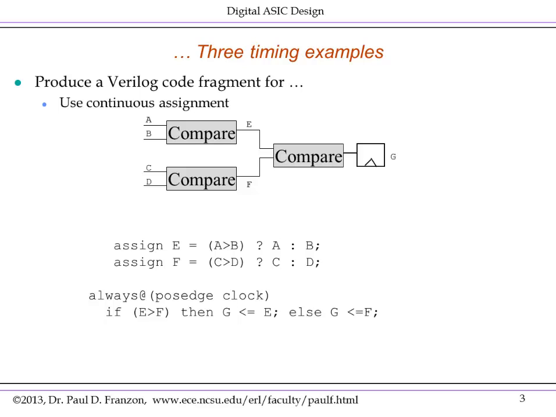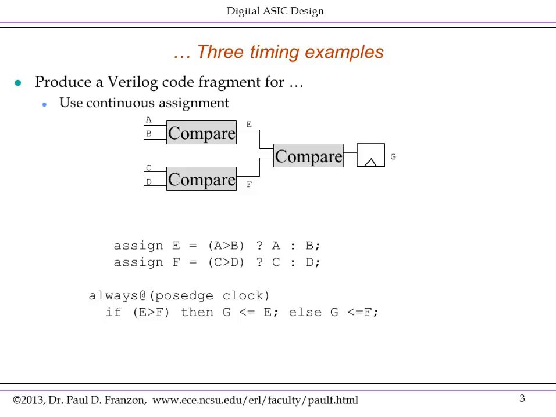So in this case, if A is greater than B, we will select A, else we'll select B. In the second one, if C is greater than D, we'll select C, otherwise we'll select D, and assign that to F. Again, I could have used procedural code here, not a posedge clock block, but an always @ star, for example, to do this like on the previous page.